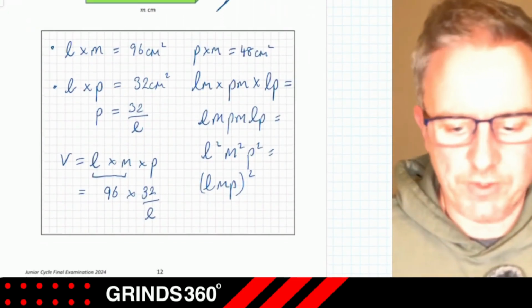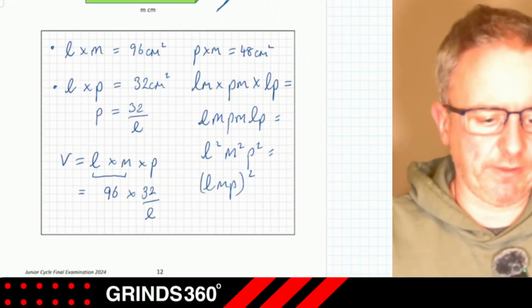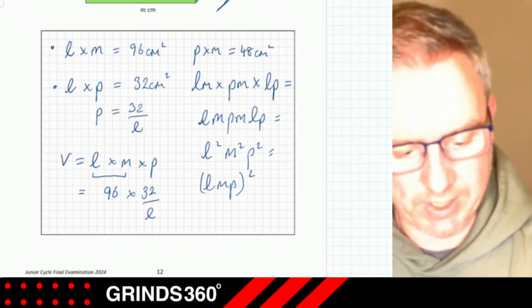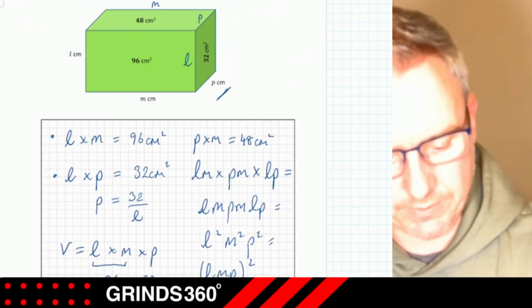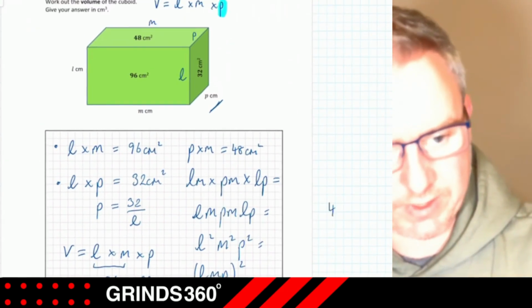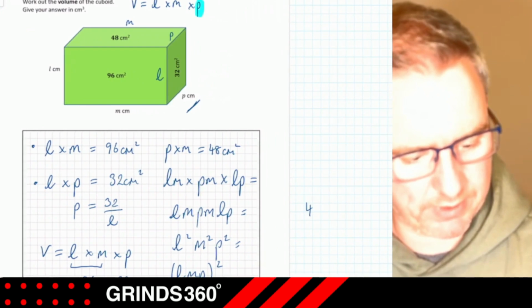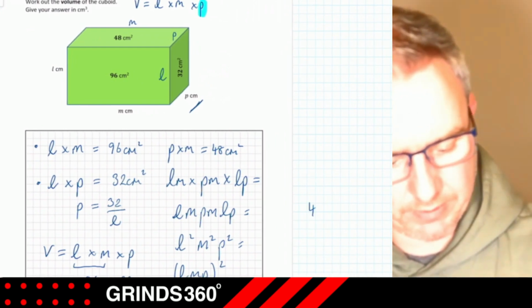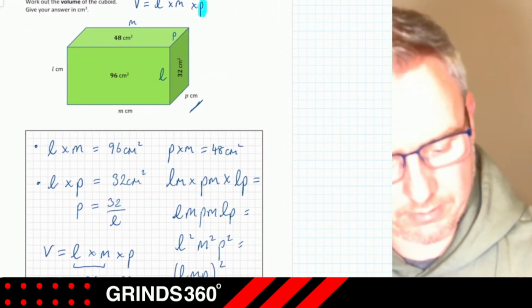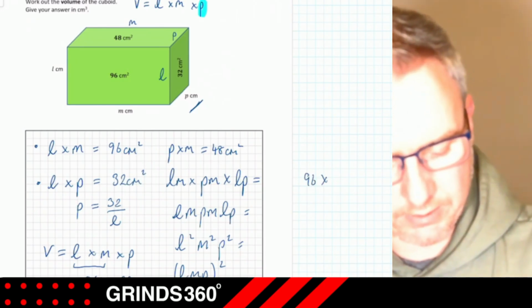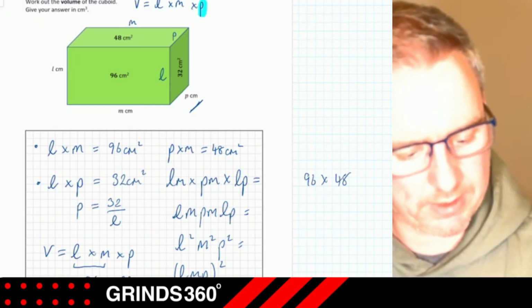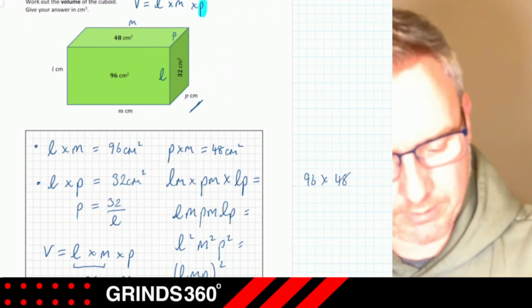So really, really tricky, I felt. And what you did then was you let it equal all three of these multiplied. So you had your 48, and just make sure you can see it on the screen there. So your LM, your 96, your PM value, your 48, and then your LP value, your 32.